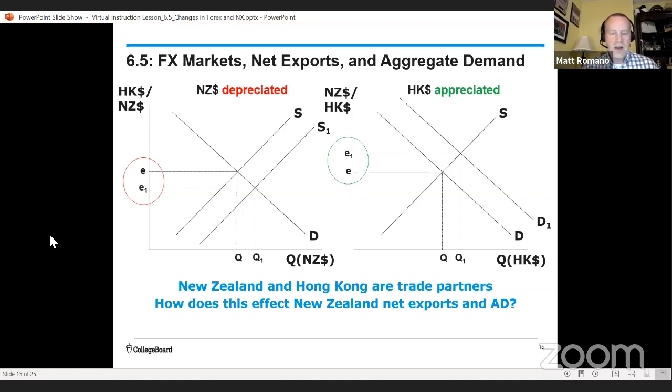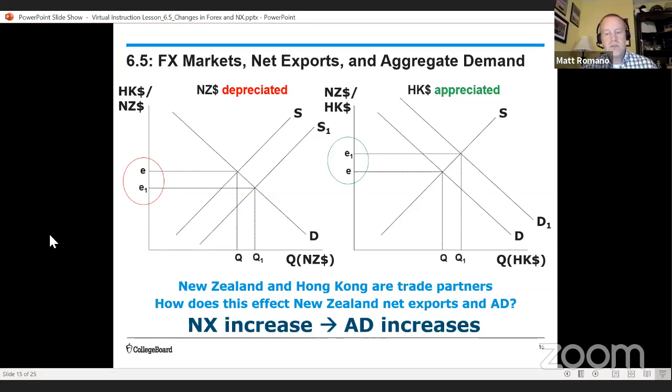New Zealand goods are now relatively less expensive, and we're going to see an increase in net exports coming out of New Zealand, which means a shift of AD to the right. AD is going to increase in New Zealand. Again, just a variety of different ways that we can connect the dots between these different concepts in different contexts. So we're going from currency valuation to net exports to aggregate demand.